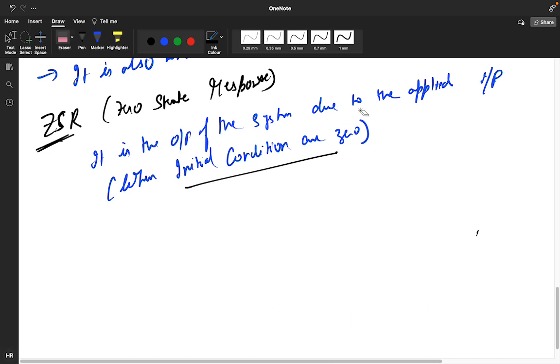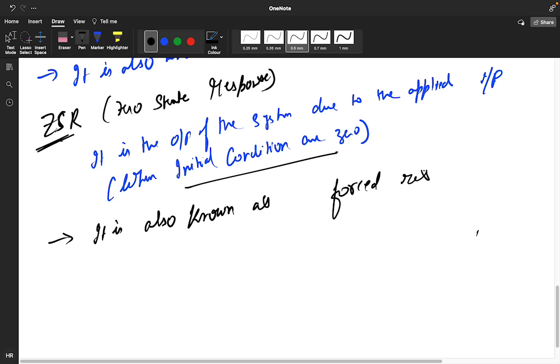It is the output of the system due to the applied input only, when initial conditions are zero. It is also known as the forced response of the system.